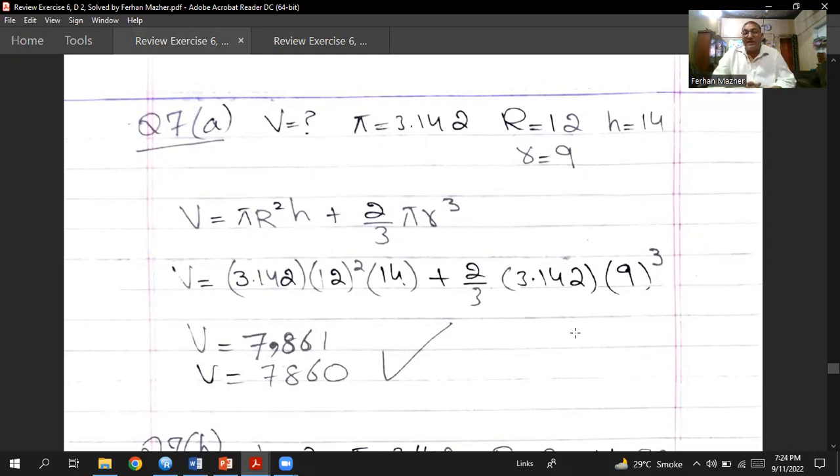In your calculator, you will write 3.142 multiply 12 square multiply 14 plus 2 divide 3 multiply 3.142 multiply 9 raised to power 3 equals to, you will get 7861, and when we round it off, it will be 7860. So this is how you will do question number 7, A part.